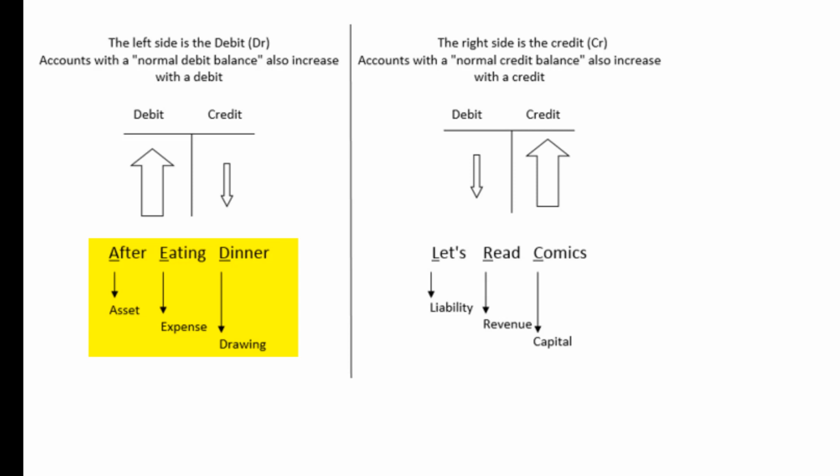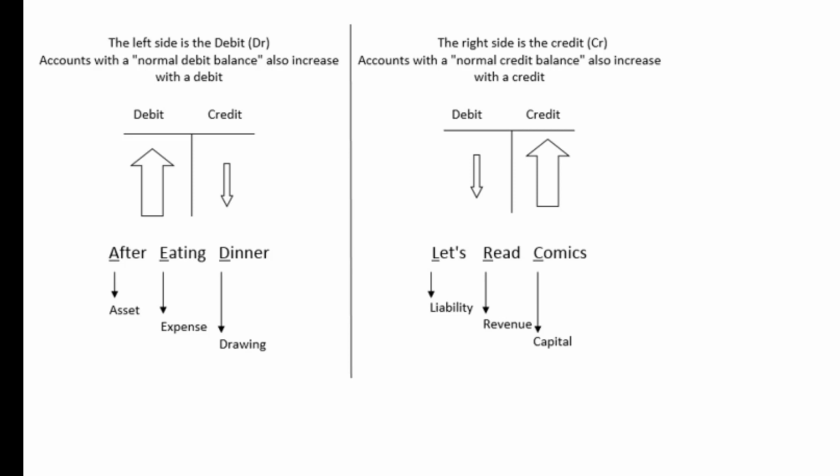So any of the accounts that are assets, expense, and drawn increase on the debit side. All other accounts increase on the credit side. Let's read comics. LRC, liability, revenue, capital, increases on the credit side.